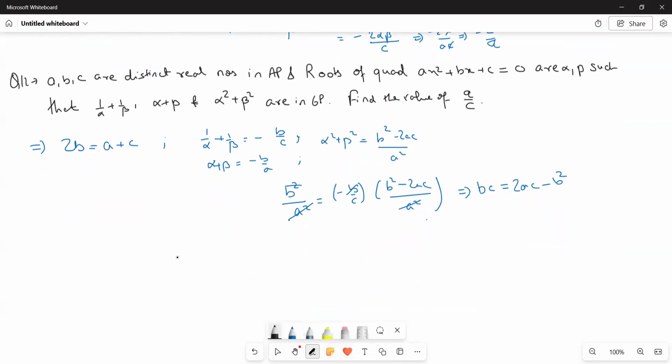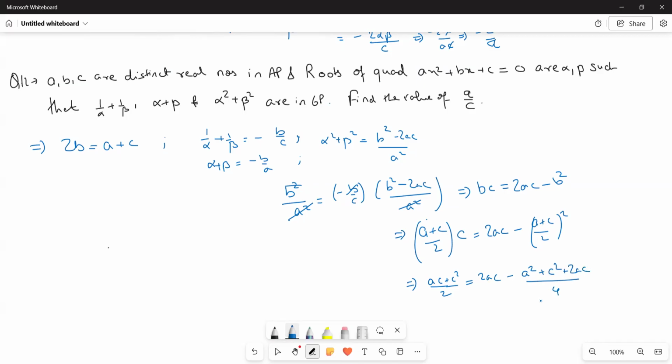So substitute B as A plus C by 2. This will give us A plus C by 2 into C is 2AC minus A plus C by 2 whole square. So this would be AC plus C squared by 2 is 2AC minus A square plus C square plus 2AC whole divided by 4.